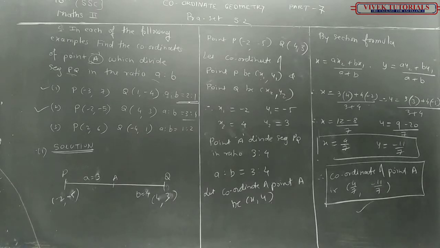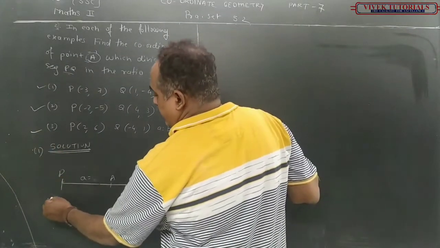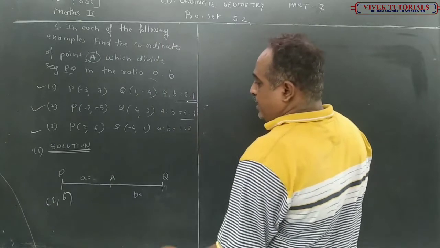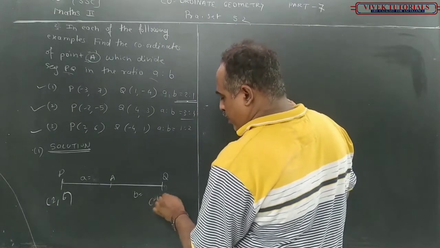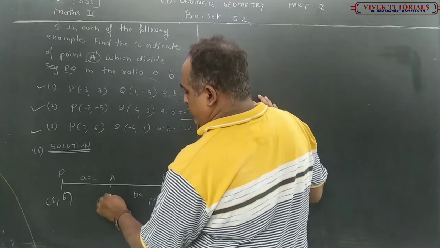Okay, please pause the video and copy down this question properly. Okay, now I'll go for the next question. Correct. Point P coordinate is 2, 6, Q is minus 4, 1 and A we are going to take x1.